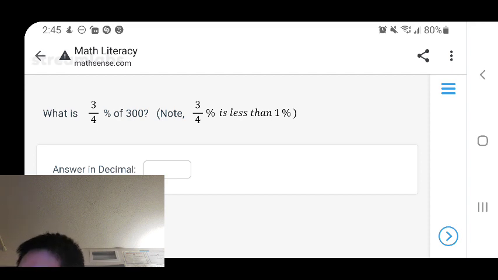I know 1%. I should just do 1%. 1% is 3. Right? You know 1% is 3. And 1/4% is just a fourth of that. That's 3/4. Yeah. 1% is 3. 1/4% is just 3/4.